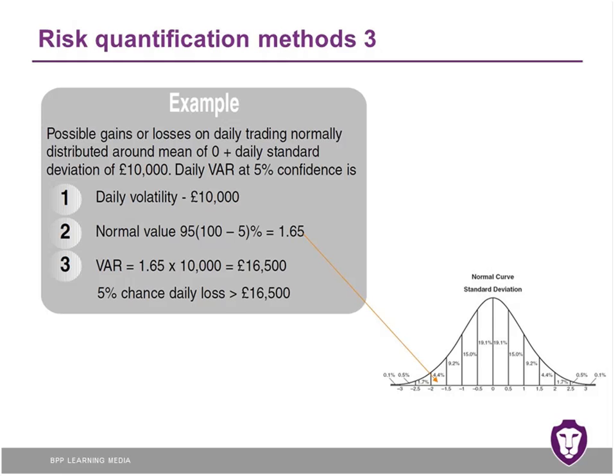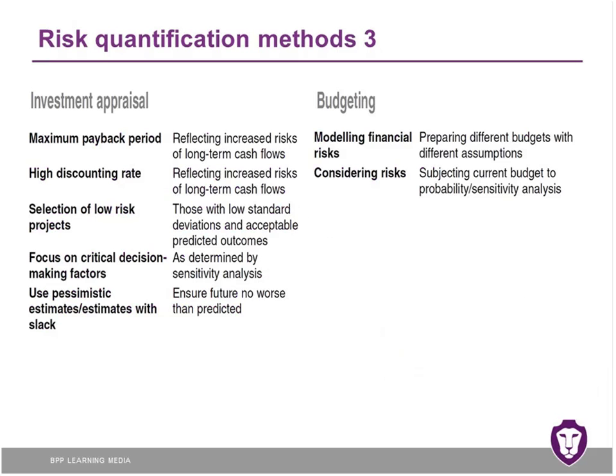Exams are likely to include value at risk calculations regularly and discussions of how the technique is used. So what I'm suggesting is that if you're not familiar with value at risk calculations, make sure you do become familiar. And in particular, understand the standard deviation process to get these normal value elements.